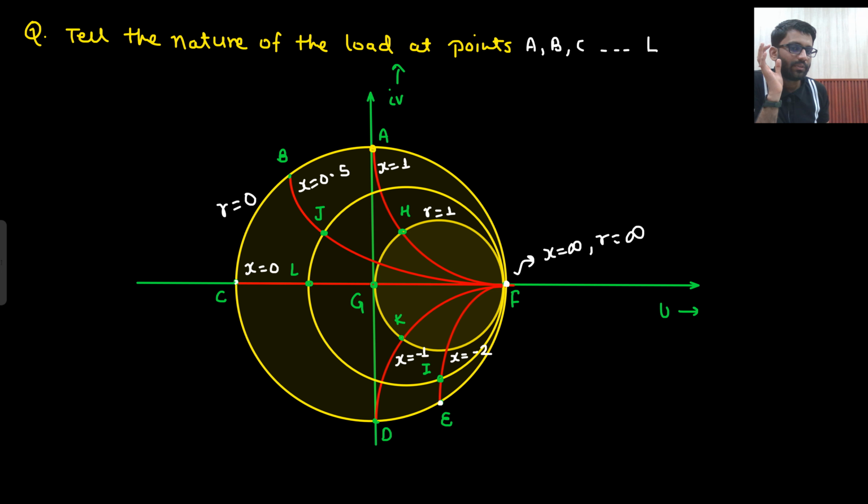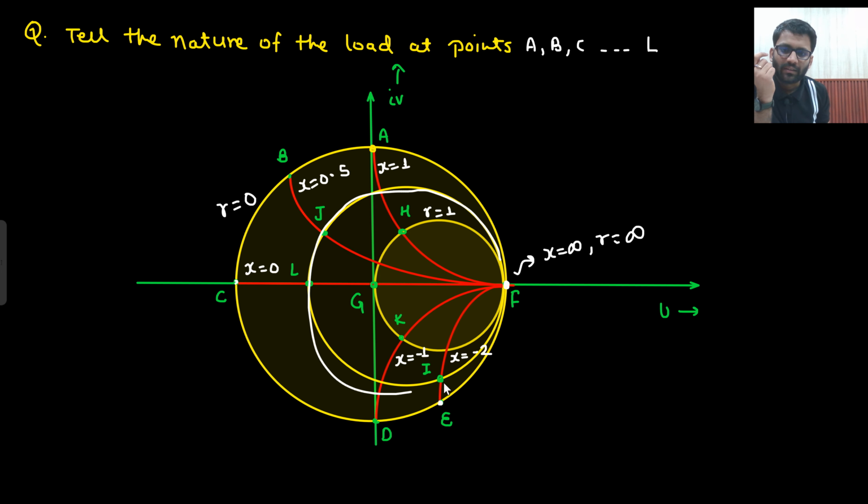Are you able to agree to this point? And X equals infinity and R equals infinity are also there. What else can be said? That sir, R equals 1 and X equals 1 are also being made at point F. What else can be said? That sir, X equals 0.5, and this is some circle which I did not name.